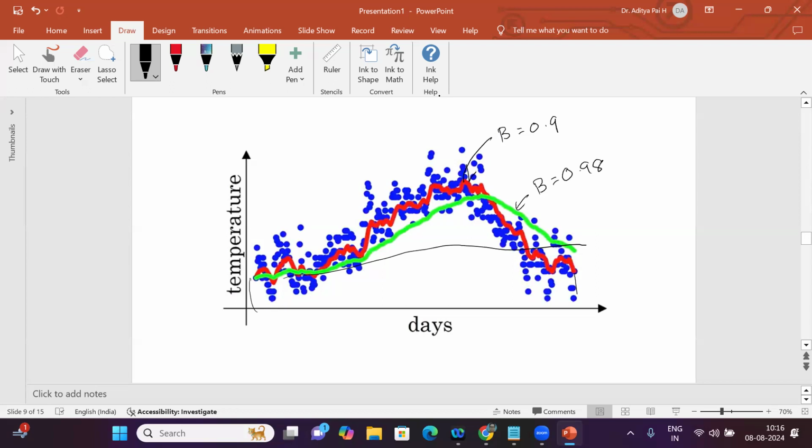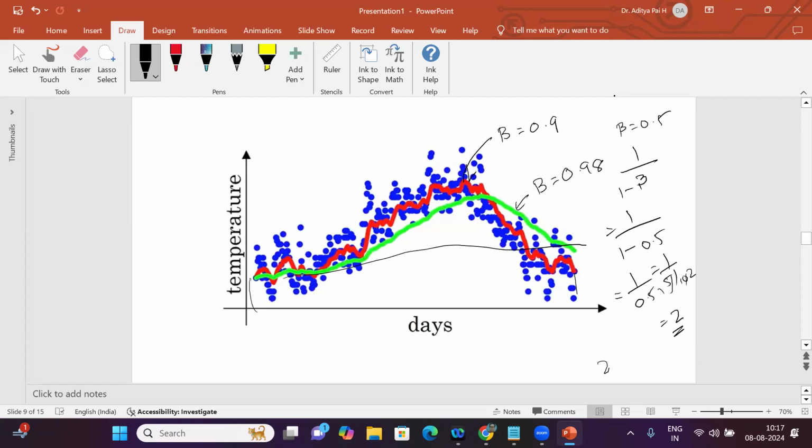So if my beta is equal to, let's consider, 0.5, what happens? 1 by 1 minus beta is 1 by 1 minus 0.5. Here what I'm doing is reducing beta. So it becomes 1 by 0.5, which is 1 by 5 by 10, which is 2.